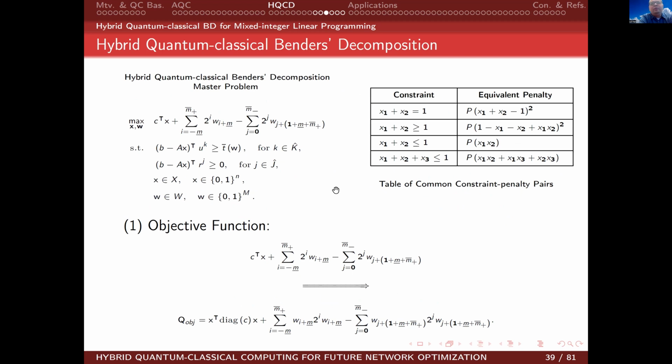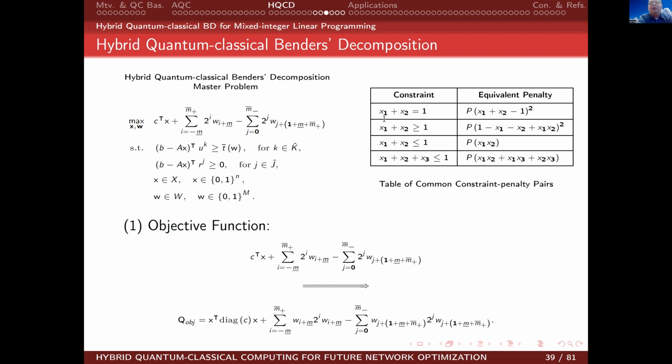In order to move the constraints to the top of the objective function, we need to add penalty cost and introduce new slack variables. And for some easy constraints, like on the table here, we can easily reformulate the constraints.